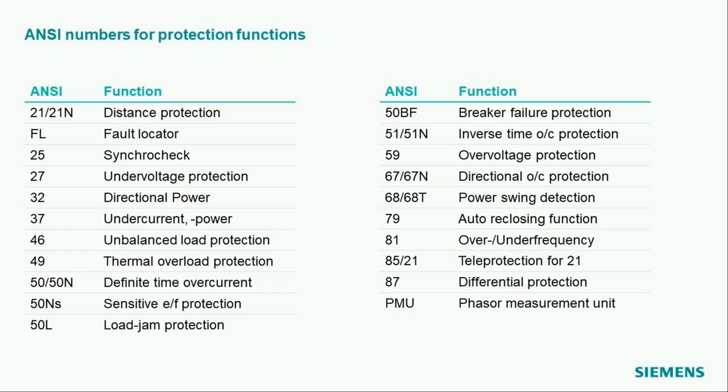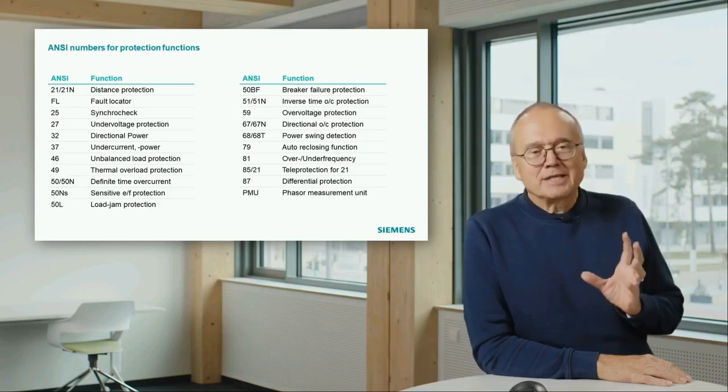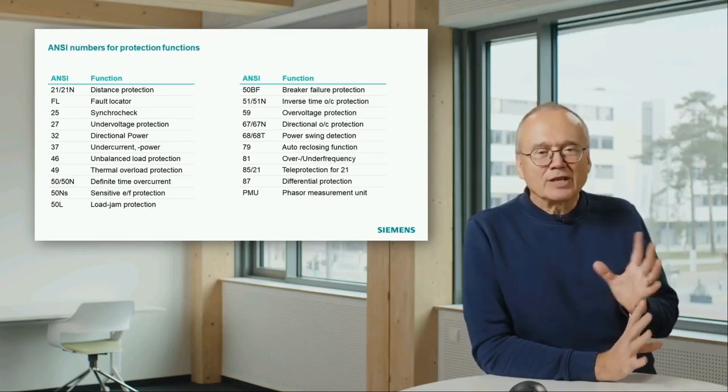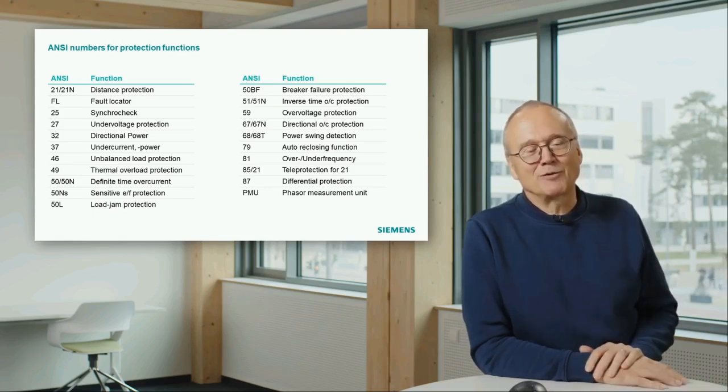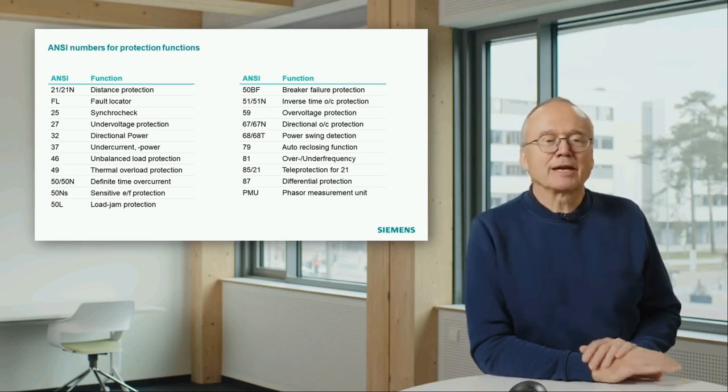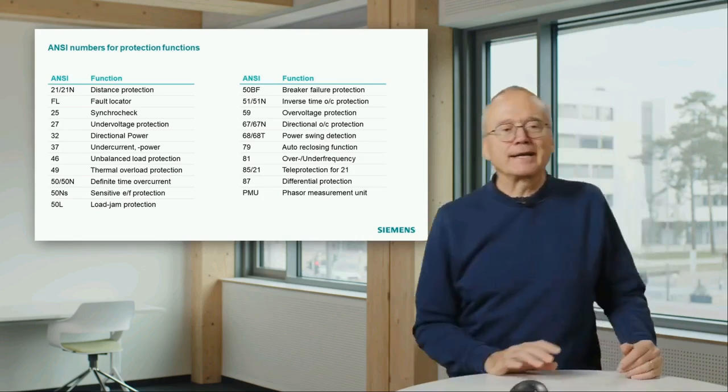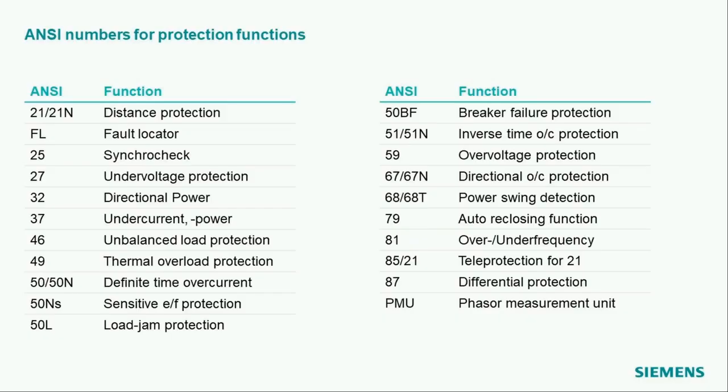So you see here a lot of numbers. A little bit the disadvantage is that these concepts are sometimes not really unique. They are different dialects of these numbers, but I think they are useful. You sometimes find the letter N behind a number, then it's a function which reacts on earth fault or which is tuned for earth faults.